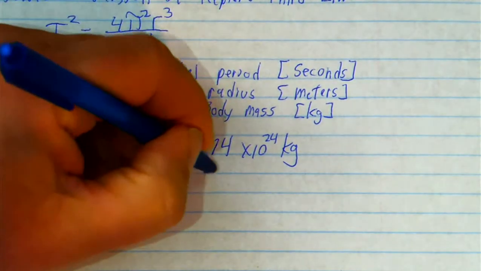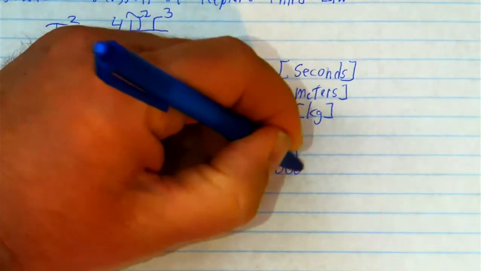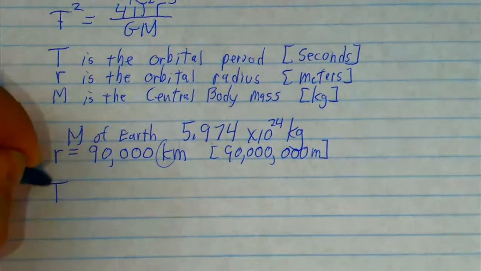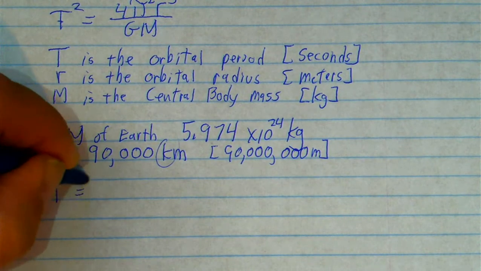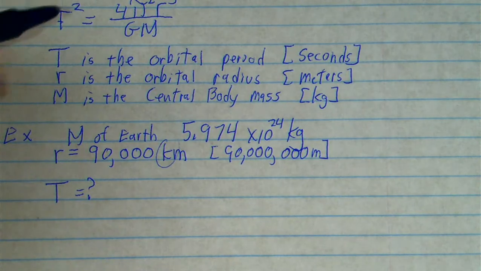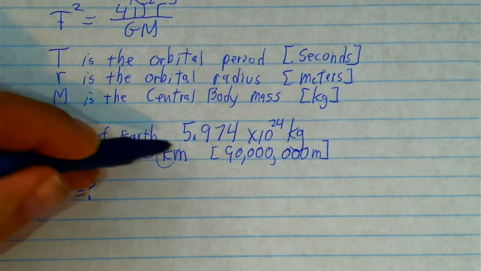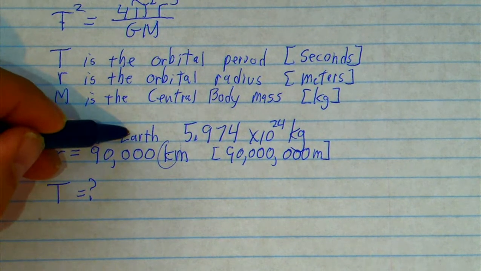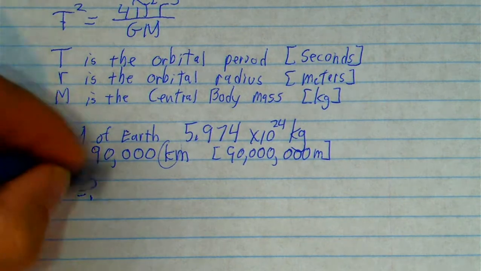That's actually 90 million meters. Calculate, please, what is the orbital period of a satellite that is at an orbit radius of 90,000 kilometers from the center of the Earth. Okay, calculate the orbital period in units of seconds.